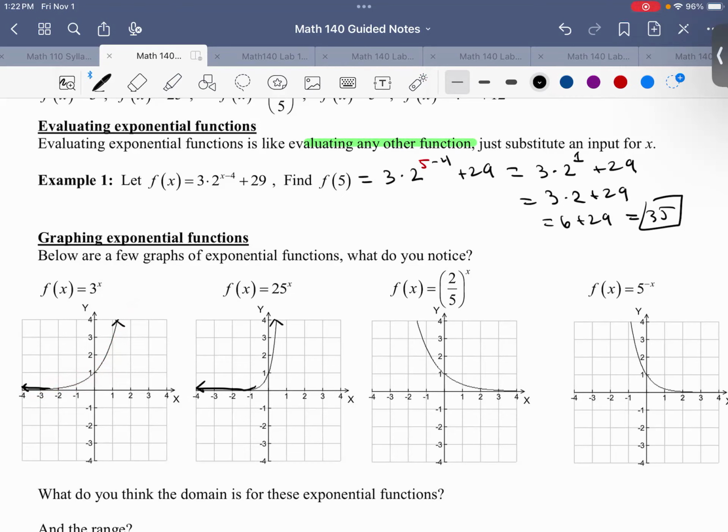Make sure to put in some arrows too. And here's 2/5 to the x. Notice this function looks a little different than the previous two. This function is now going towards the right side. And likewise, 5 to the negative x has the same feel to it.